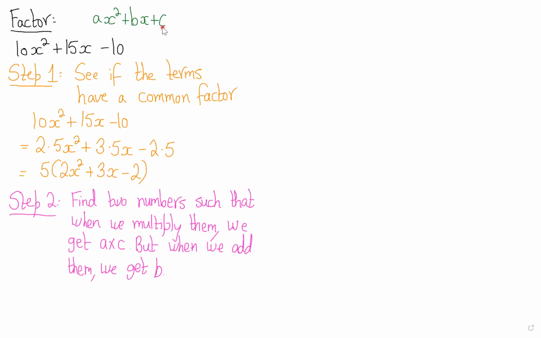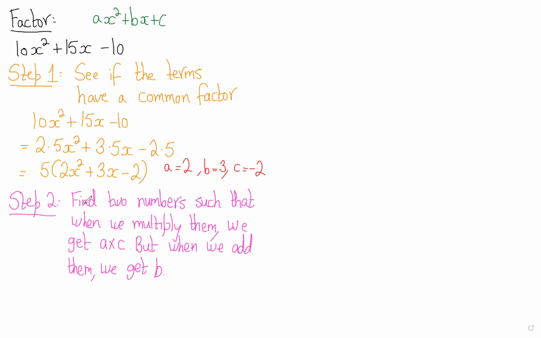C is the constant term. In this case, that is -2, right? So let's write that down here, using a different color. Let's use maybe red here, right? So here, A is equal to 2, and B is equal to 3, and C is equal to -2.